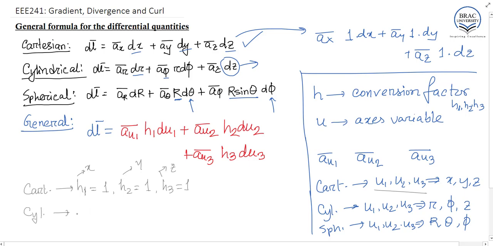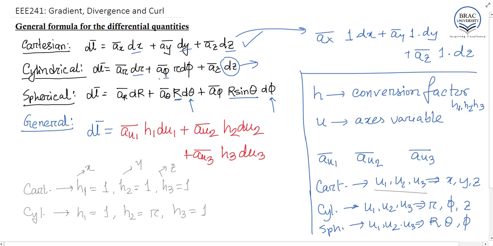In case of the cylindrical coordinate system, h1, the first conversion factor for dr, is 1, obviously, dr already being a length. h2, however, will be r, and h3 will be 1. I guess this is clear from the expression above.